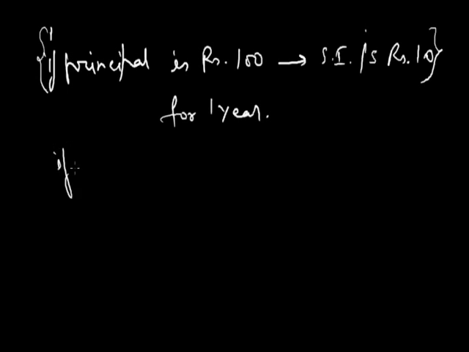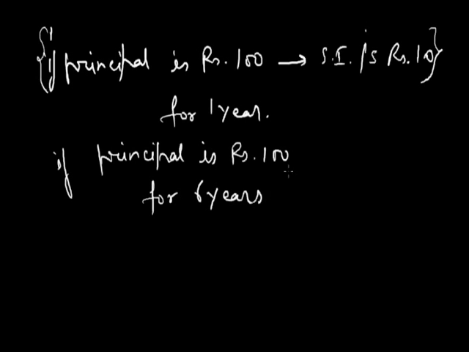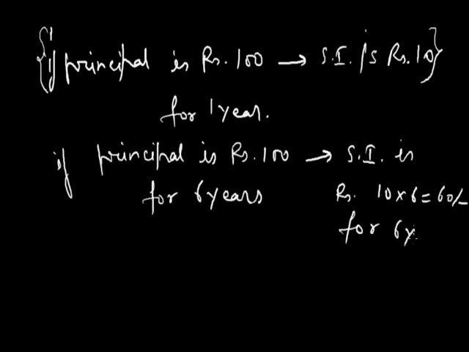Now if principal is rupees 100 for 6 years, then SI is rupees 10 multiplied by 6, which is equal to rupees 60 for 6 years.